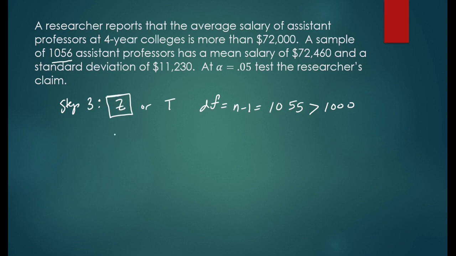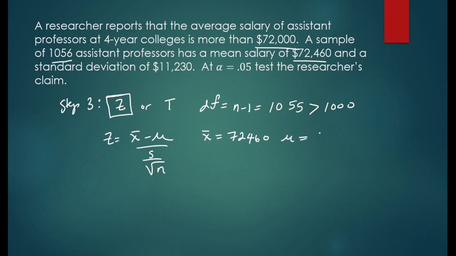The formula for Z is equal to x bar minus mu divided by S over the square root of n. X bar is the sample mean, which was 72,460. The mean is 72,000. The standard deviation is 11,230. And the sample size, we know, is 1,056 assistant professors.